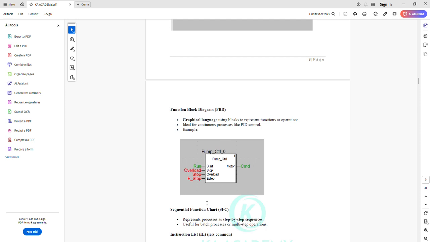Function block diagram in real life mostly translates the knowledge that we might have learned or encountered when we were dealing with gates in digital electronics.